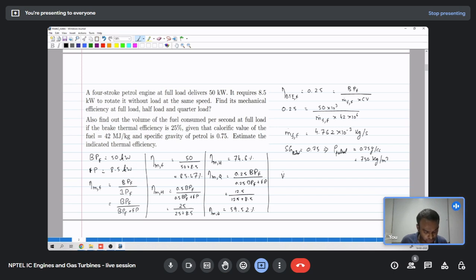So if I want to find the volumetric flow rate of the fuel, this is m dot f divided by rho, so this is 4.762 into 10 power minus 3 divided by 750 meter cube per second. So this is 6.35 into 10 power minus 6 meter cube per second, or I can write 6.35 cc per second.